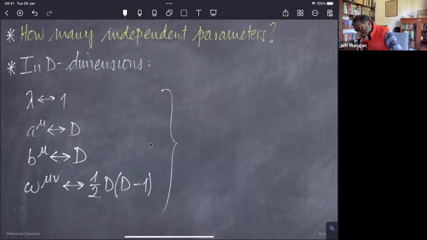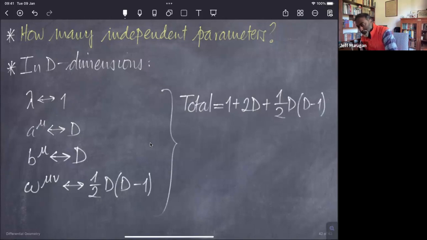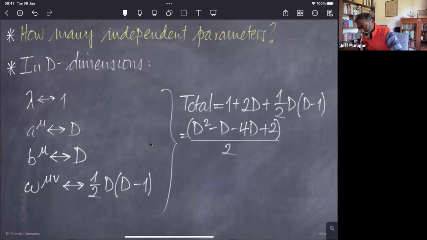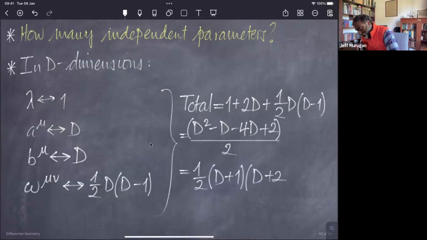So this means that the total number of parameters that we need to specify a conformal Killing vector in d spacetime dimensions is 1 plus 2d plus a half d(d minus 1), which is (d squared minus d plus 4d plus 2) all over 2, which is a half (d plus 1)(d plus 2) independent parameters.